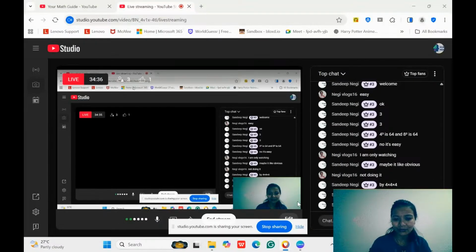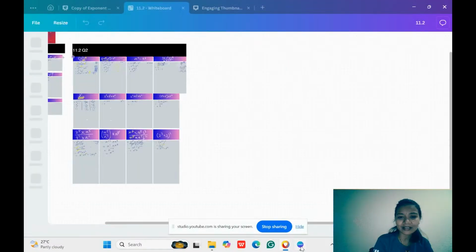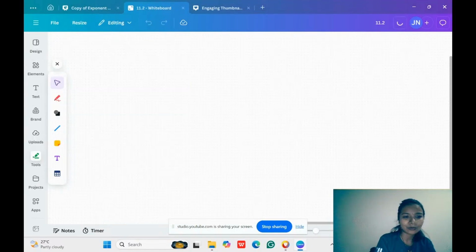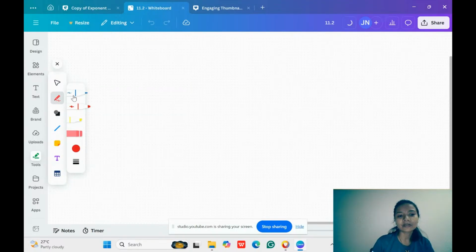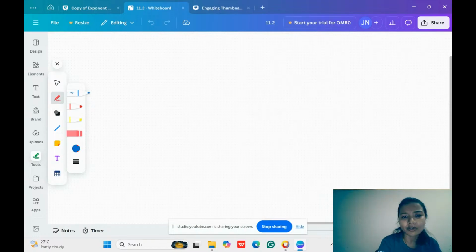All right, sharing my screen now. Yeah, nice, nice. Good to see so many methods that you tried here. So, yes, I was also using a similar kind of method. Again, you can always use any method that you want, but you have to use the easiest, the simplest, that takes the least amount of time to solve.